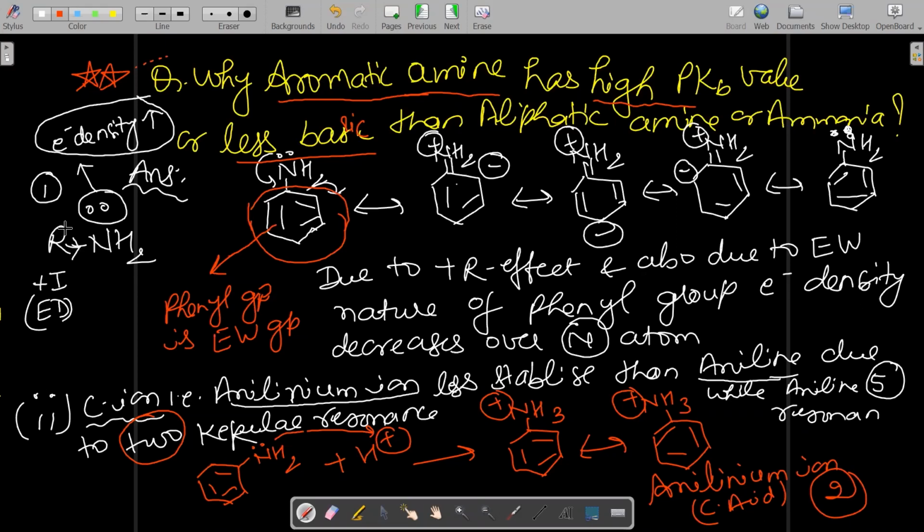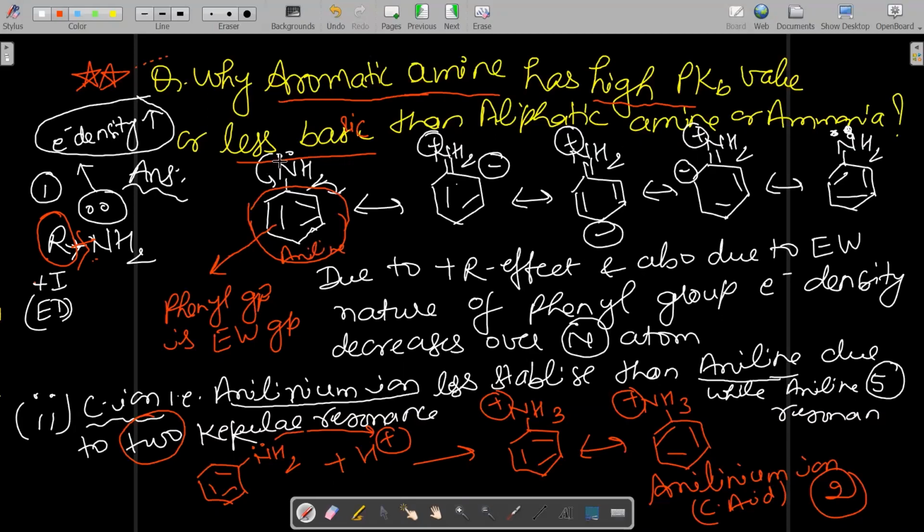Already we have studied the aliphatic amine. Aliphatic amine is a stronger base just because an alkyl group is there, and all of you know this alkyl group is an electron donating group. And due to the electron donating group, due to plus I effect, the electron density on the nitrogen atom increases and hence basic character increases. While in case of aromatic amine, just like we can see the example of aniline, it is an aromatic amine.